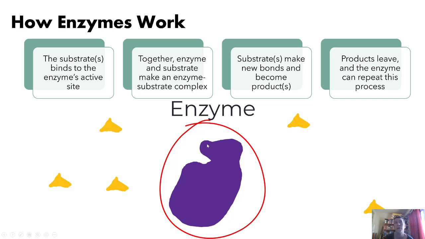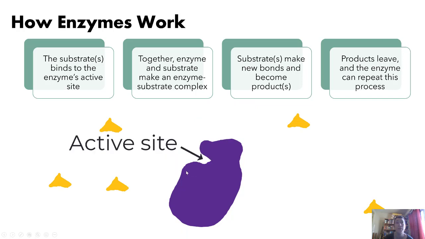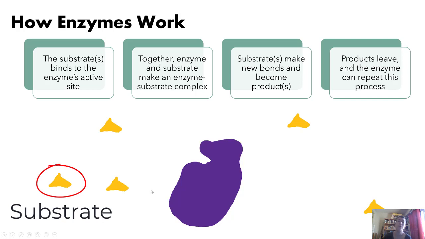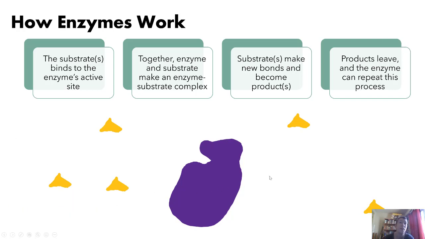Generally, there will be a part of the enzyme that has a specific shape called the active site. And the reactant or substrate, which is your starting molecule of a reaction, is going to be bumping around just like all molecules are moving around in solution, and they'll go faster if the temperature is warmer. Sometimes one of those substrates can bump into the active site on the enzyme.